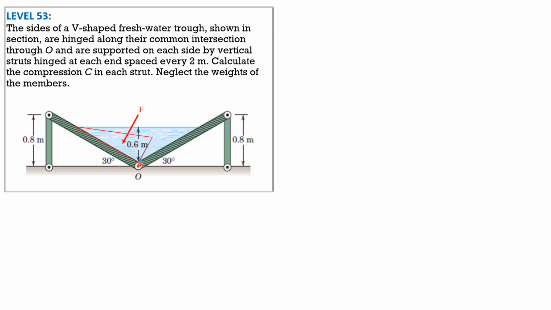This contact length can be solved by using this triangle here. Sine 30 degrees equals opposite 0.6 over this hypotenuse. Since sine 30 is 1/2, 0.6 divided by 1/2 is 1.2. So this is the pressure intensity, 9.81 times 0.6, and this length of contact is 1.2. Therefore, this distance is 1/3 of 1.2, and that is 0.4.